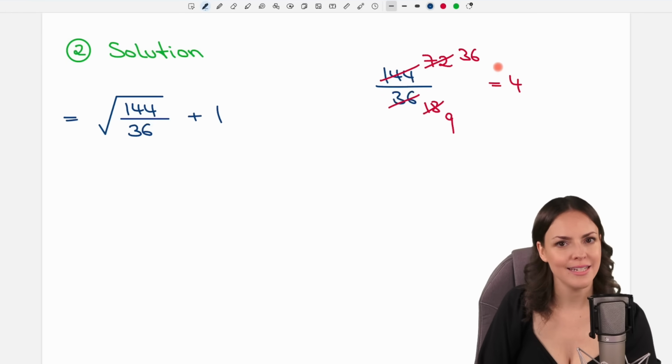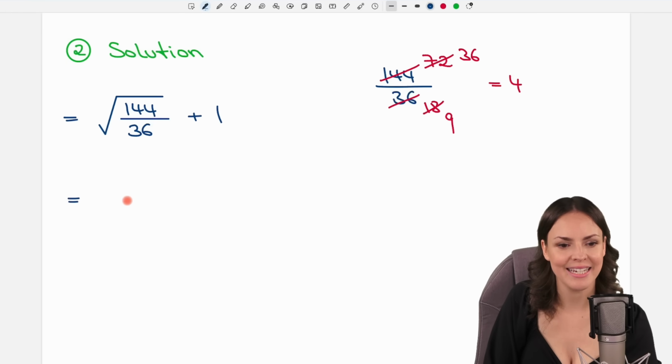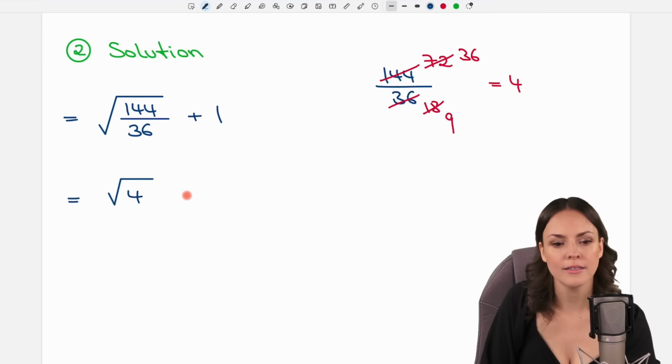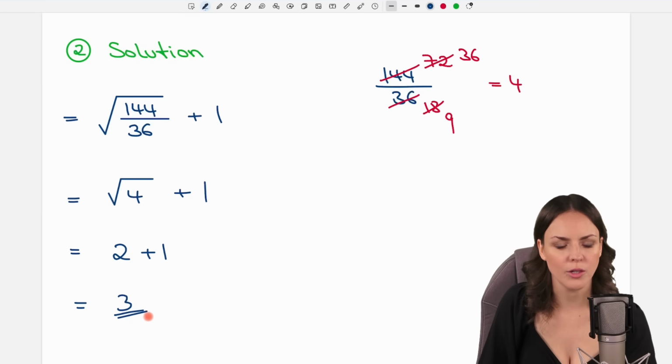So the numbers get easier the smaller they get. In our square root, we only have the 4 and then the plus 1. The square root of 4 just equals 2, plus 1, and then we get the same result.